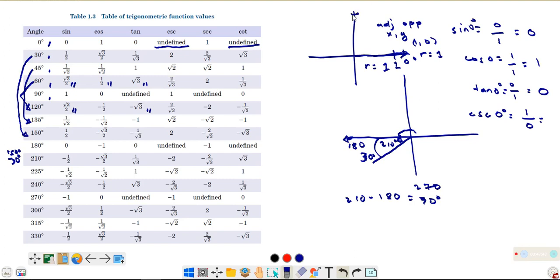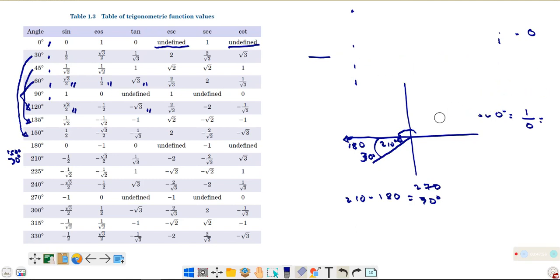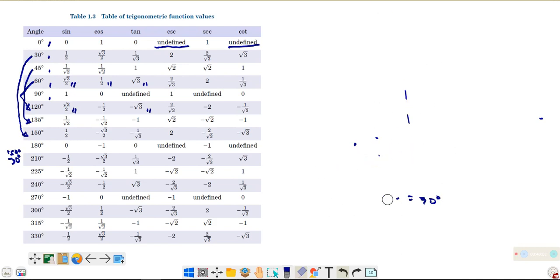Kasi minsan, yung mga may values ng cosine or ng x, yun yung undefined. Lagyan nga natin ng example si 90 para mas malinaw. Para makita nyo yung contrast between 0 and 90. So, ito si 90.